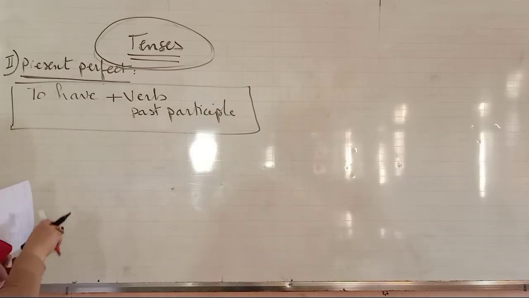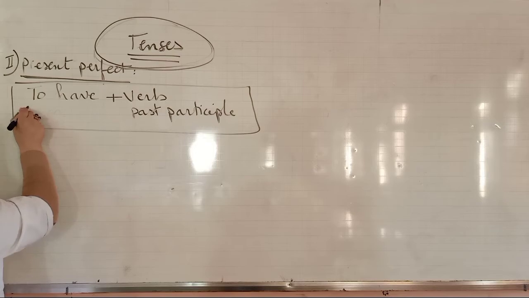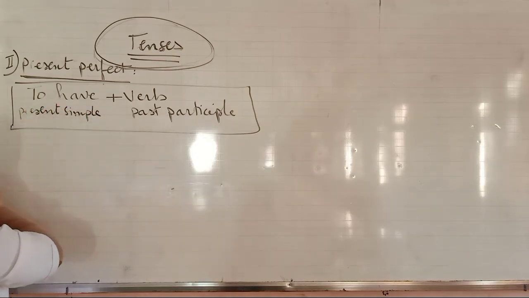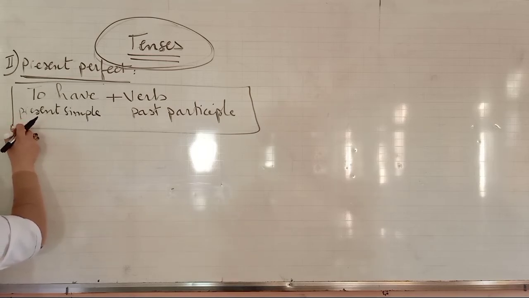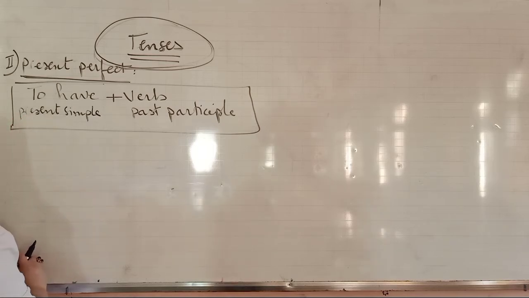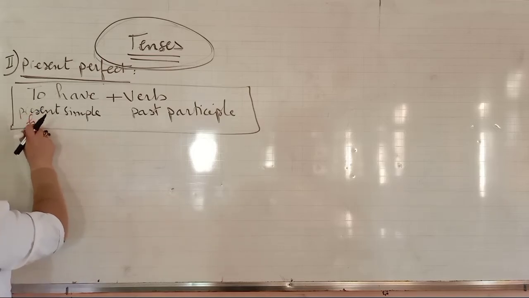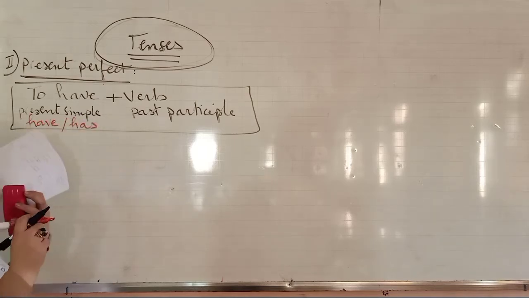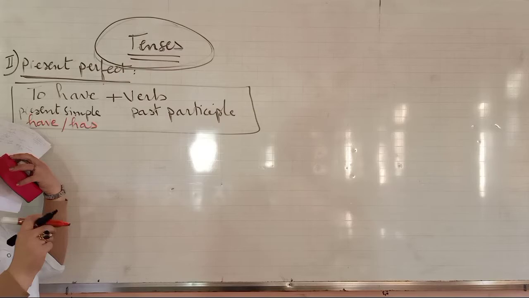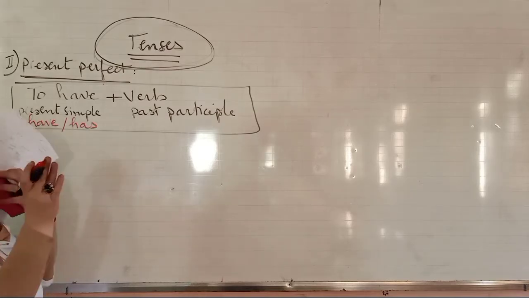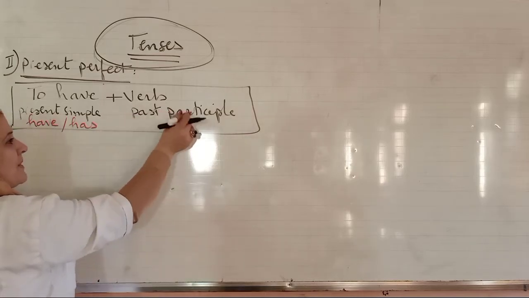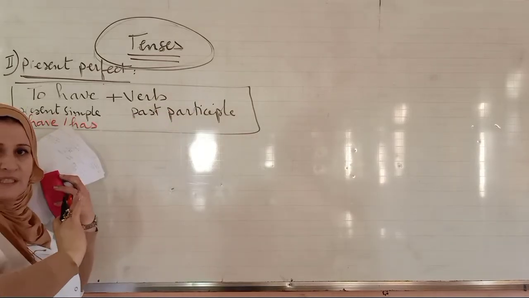Concerning have, of course, we use it in the present simple, which is have, or has, the third person singular. So with I, you, they, and we, I use have. With she, he, it, I use has. Plus the past participle of the verb given.